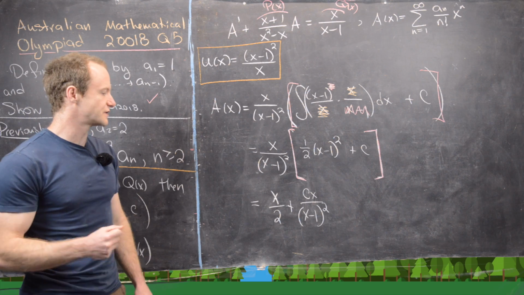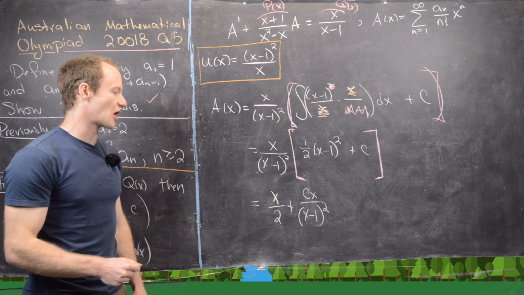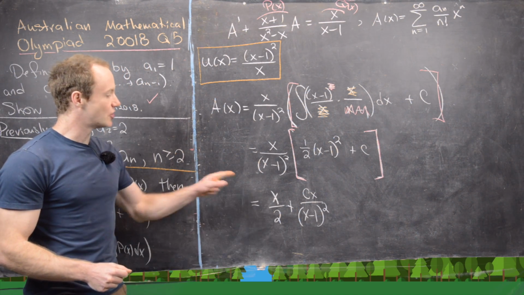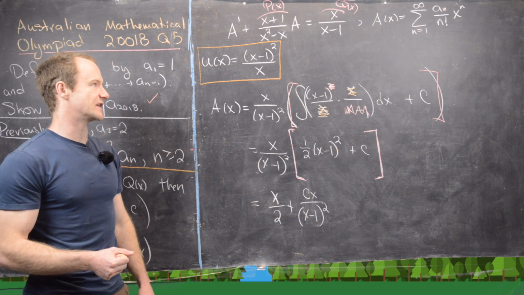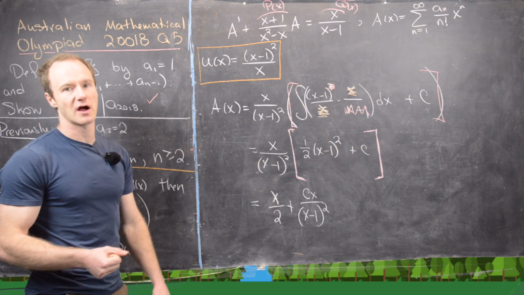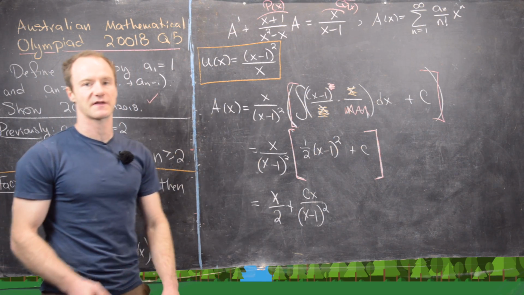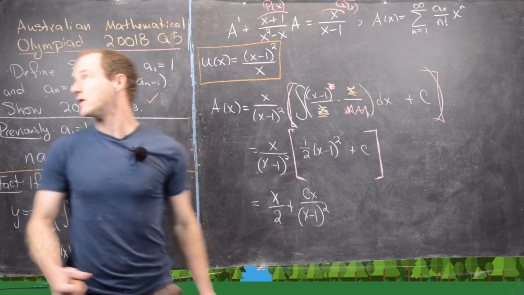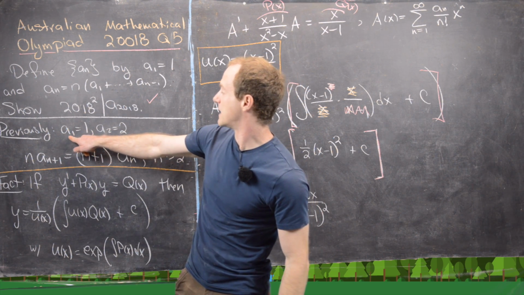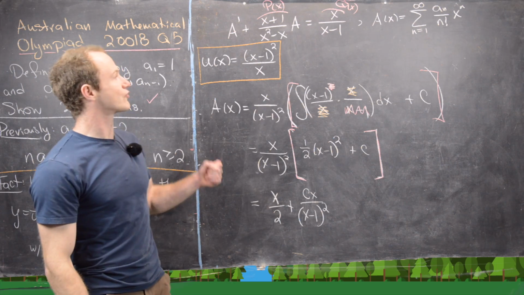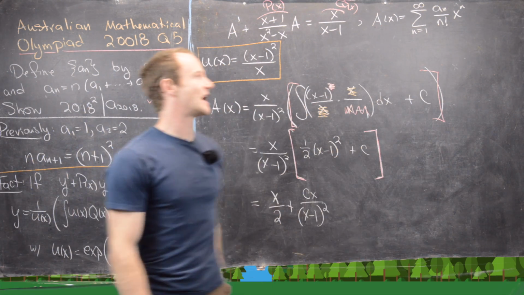Now we are almost home free. We just need to figure out what this constant is. Notice that a of 0 is equal to 0. That's definitely an initial condition, but that's not super helpful in this case because that'll zero out the constant. Another thing to notice is that a sub 1 is equal to 1, but a sub 1 is the derivative of a of x evaluated at 0.